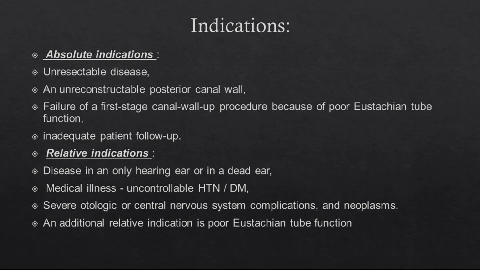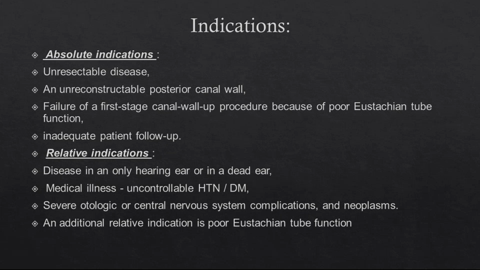And unreconstructible posterior canal wall. So where already the posterior canal wall is being eroded by the disease process, in that condition you have to go for a canal wall down, because the chance of retaining and reconstructing the canal wall is out of question.